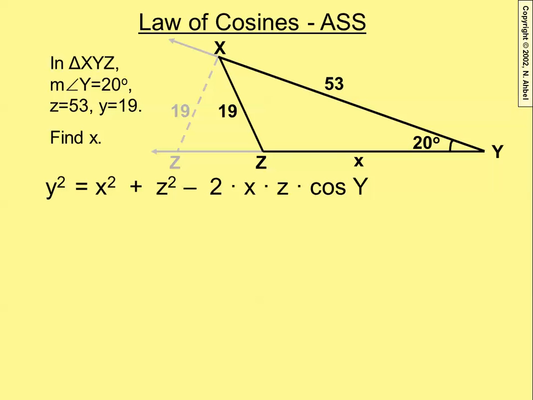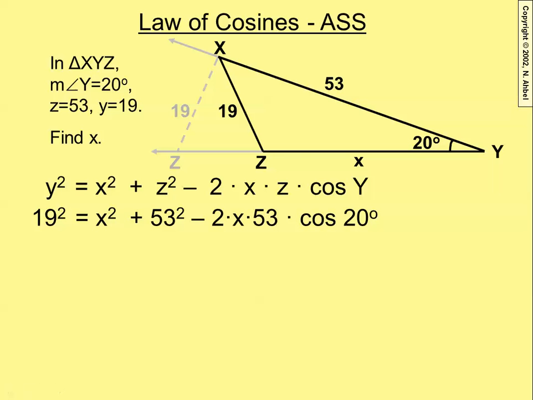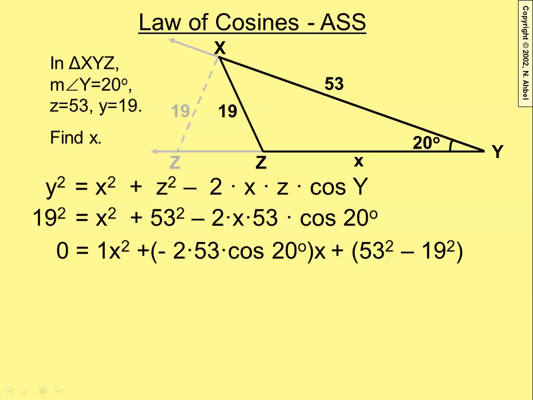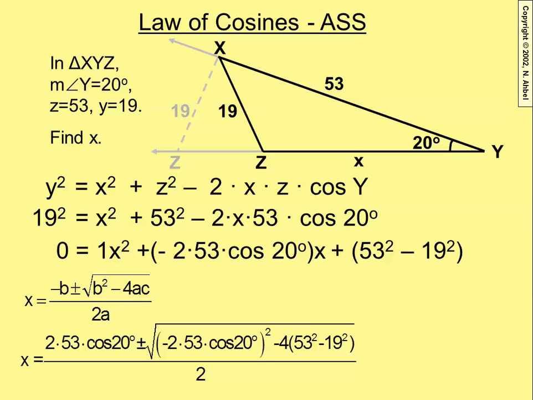If we substitute the values that we have into the law of cosines, it's the only angle that we have, capital Y, which brings us back to small y squared over there, and make our substitutions, we have a quadratic in x. And if we rewrite this as a quadratic in x set equal to 0, we can put that in the quadratic formula, which gives us that.